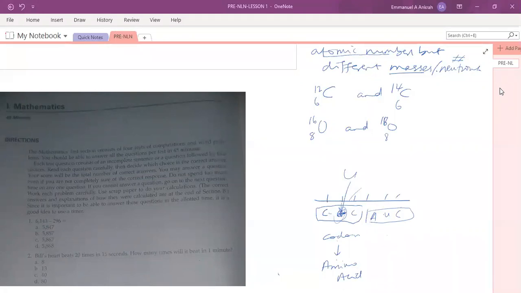Anybody has any questions? I want us to start with the math today too. At least have an idea of the math. Okay, let's go to the math part. Today for the math, I want us to start with math test number 1.